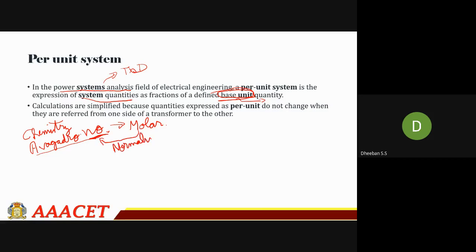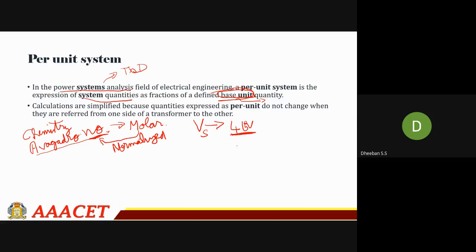Similarly, in your power system analysis, for example, if the voltage you are sending is 415 volt, the source voltage is 415 volt, and you take this as a base unit.